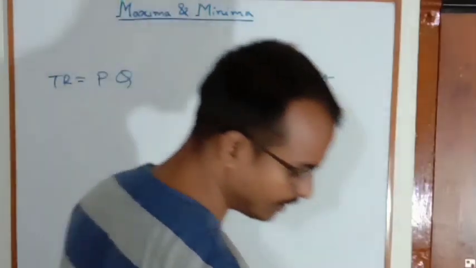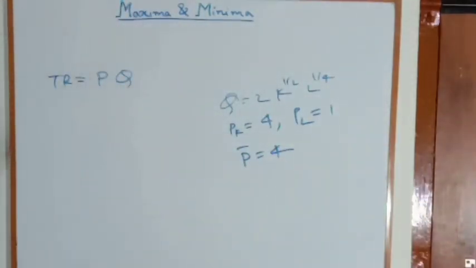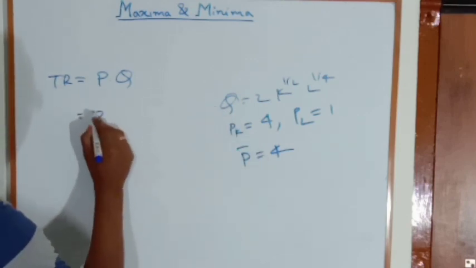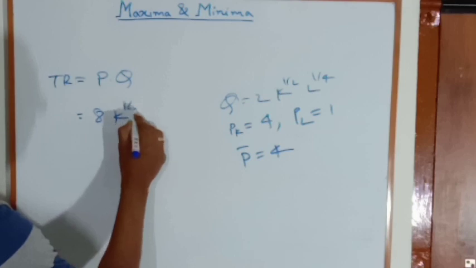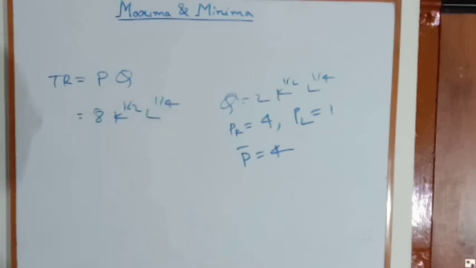P is 4. Yes, you can get it now. It's not difficult because it is Q into 4, so it will be 8 K to the power half L to the power 1 by 4. This is your total revenue.